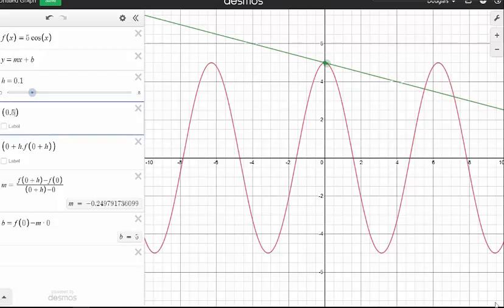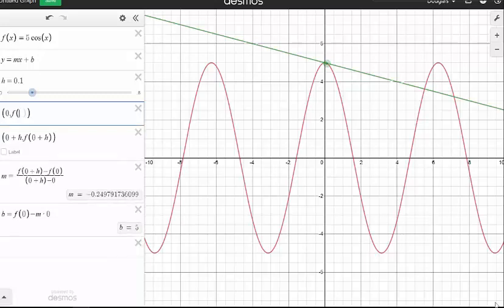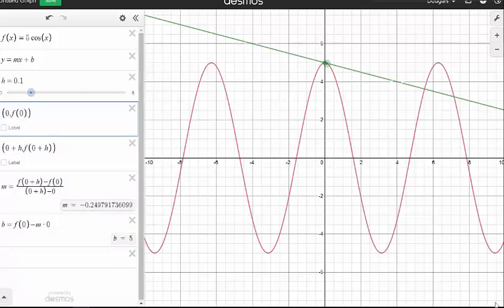Instead of writing 5, I could have written f of 0, and it doesn't change anything because f of 0 is the same thing as 5 in this very specific case for this equation. All right, so based on just looking, it appears to be in line with the graph.